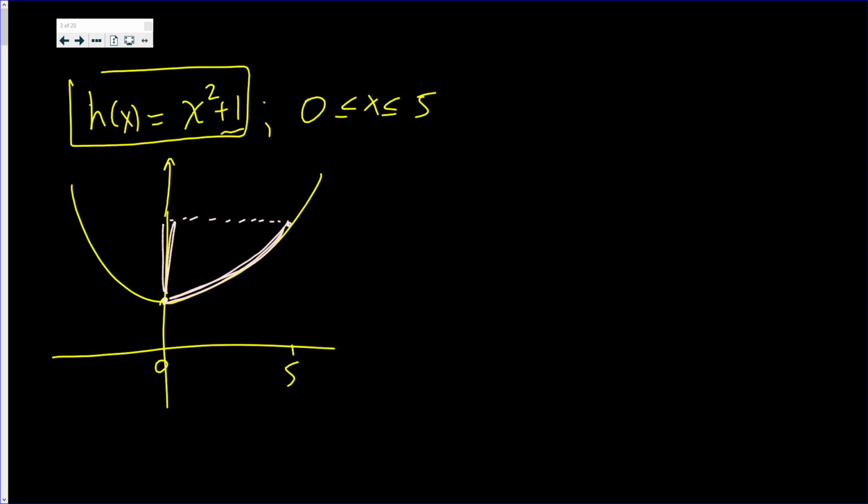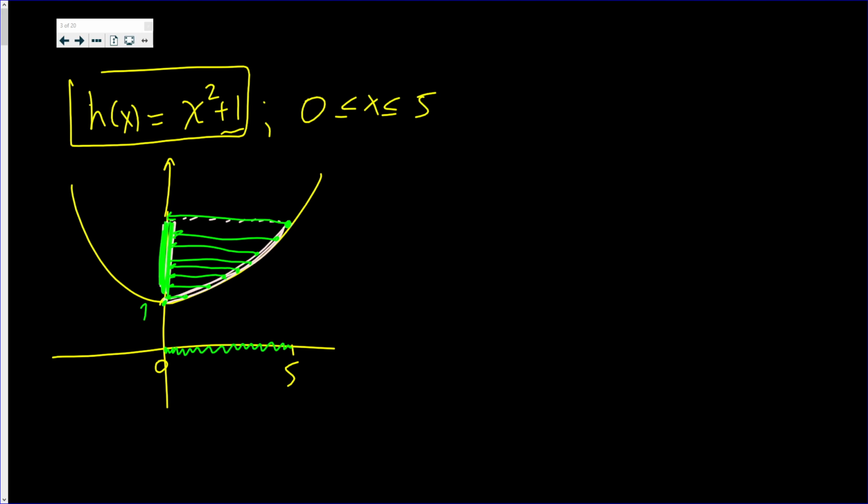The range is going to be all of those numbers, because I obtained those numbers. This point on the graph goes there, this point goes here. And I'm only using allowable points where the x value is between 0 and 5. It goes everywhere in here.